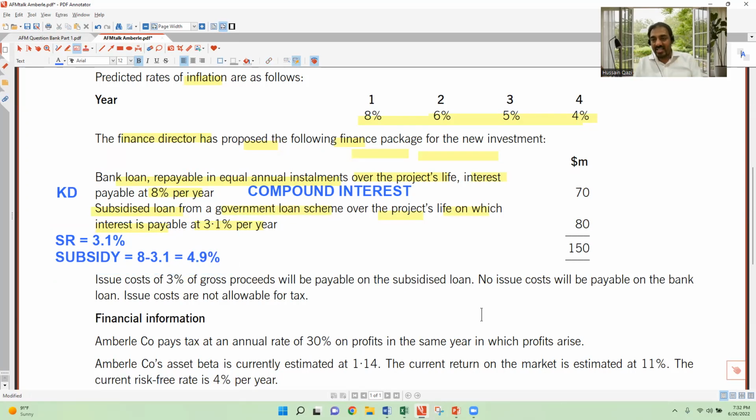I strongly suggest that with the APV topic, whenever you read the question, even in CB format, you highlight and identify all the relevant discount rates in one place. The time will be saved accordingly. KD 8%, subsidized rate 3.1%, the subsidy 4.9%.